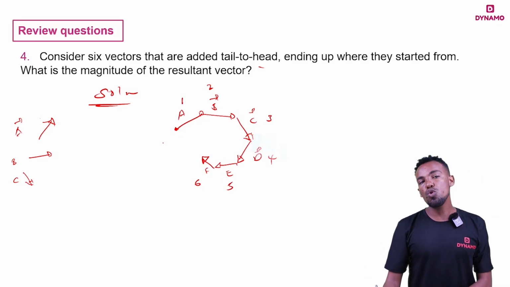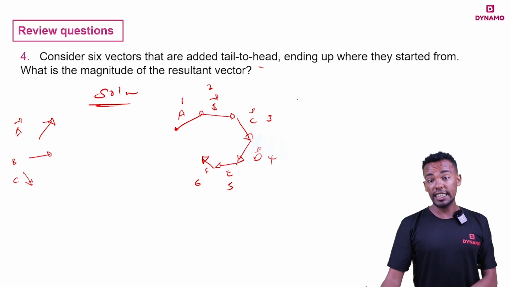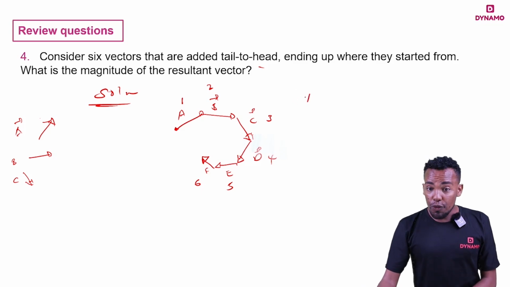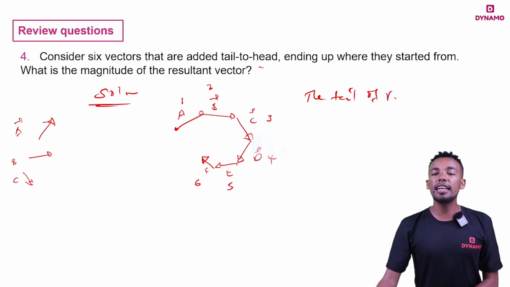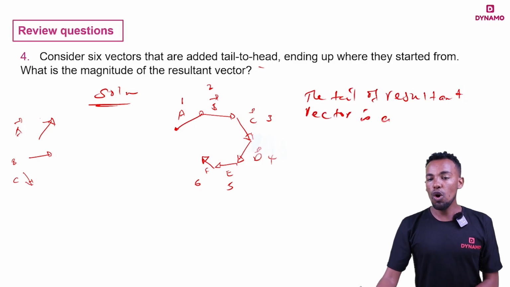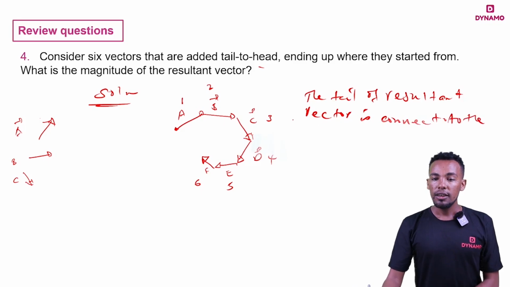Rizaantaantii veekteriin keenya yeroo hundumaa maal ta'a jechuudha. Veektaroota akkasii keessatti the tail of resultant vector is what? The tail of resultant vector is connected to the tail of the first vector.